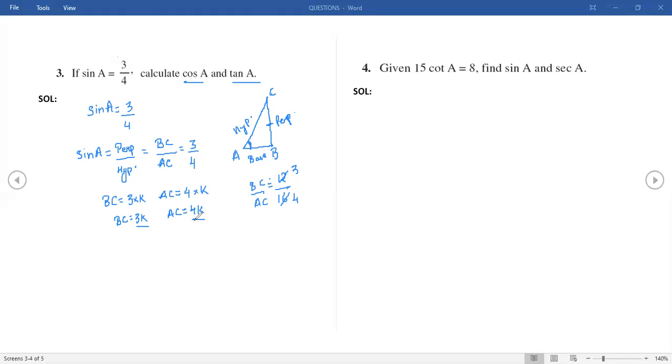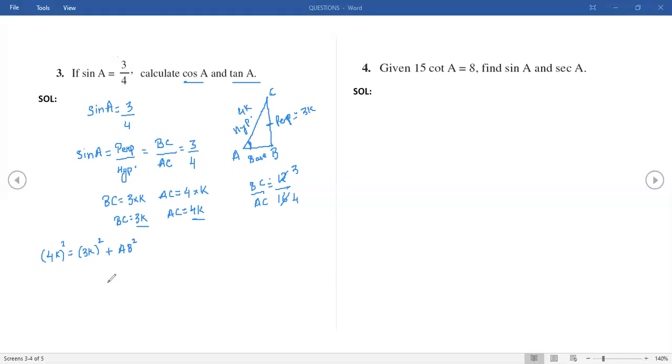So once we know that BC is 3k and AC is equal to 4k, we can easily find AB. We know the Pythagoras theorem. So 4k whole square will be equal to 3k whole square plus the base, that is AB whole square.